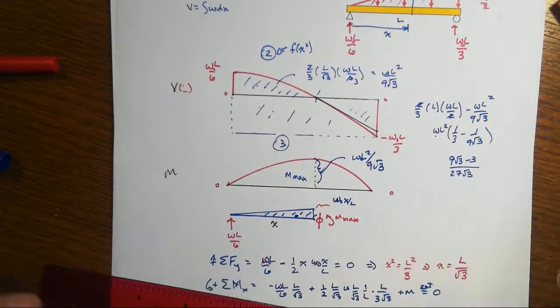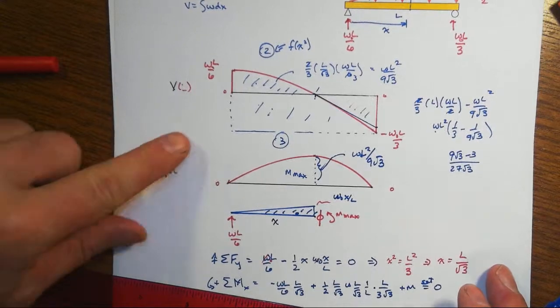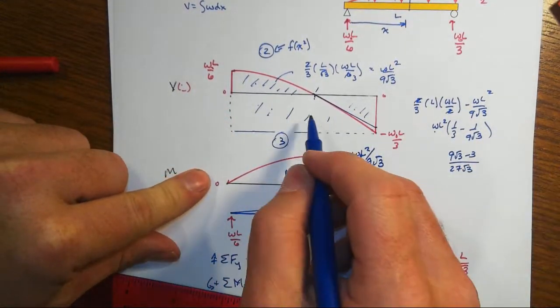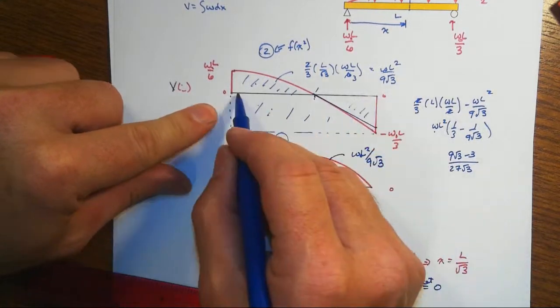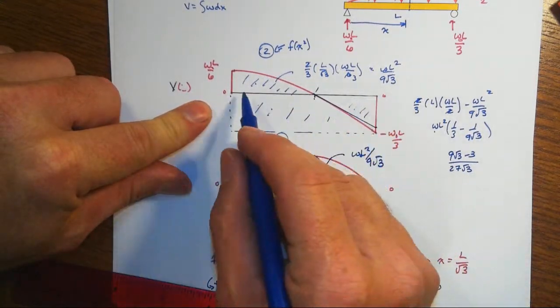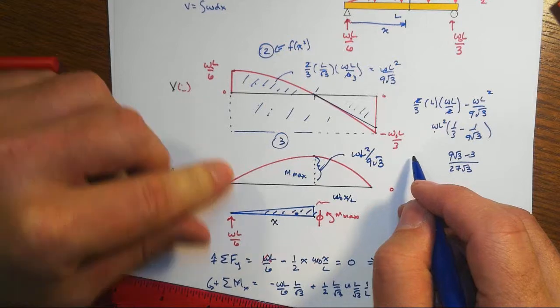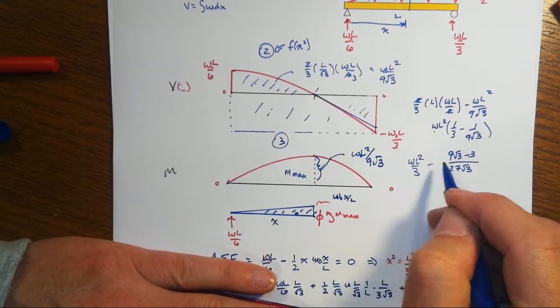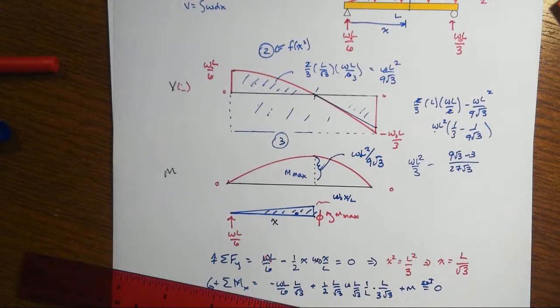And that looks ugly. But what are we going to find here? What we're trying to find is all of this area that's here, and then we've got to subtract that from this square, which is WL squared over 3. Get rid of that.